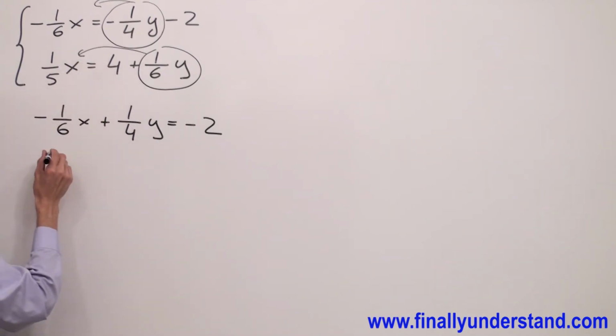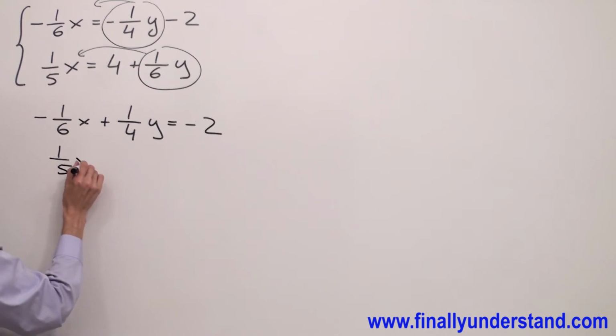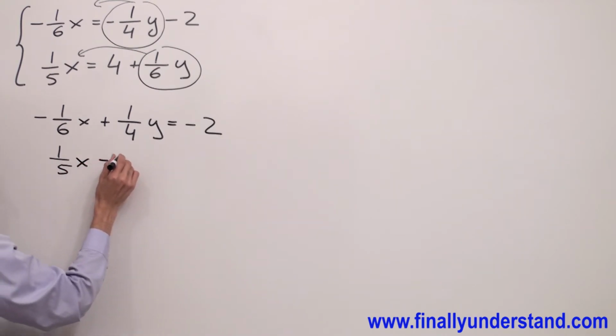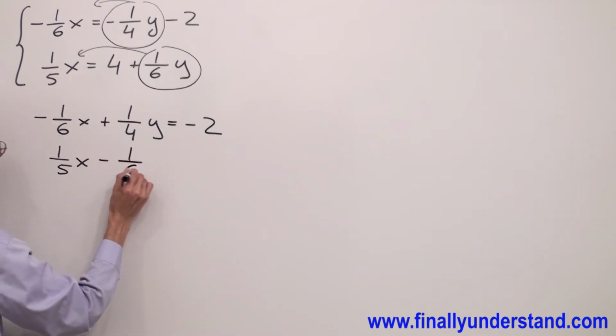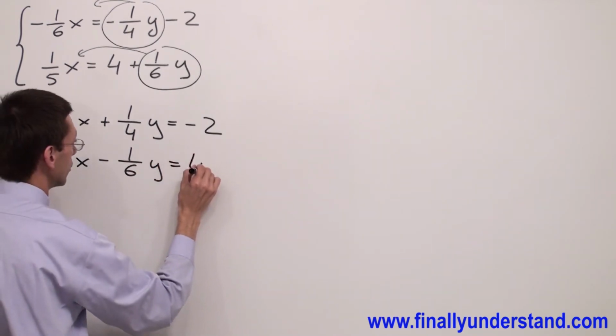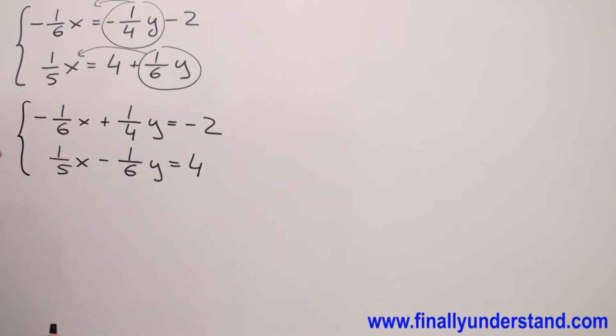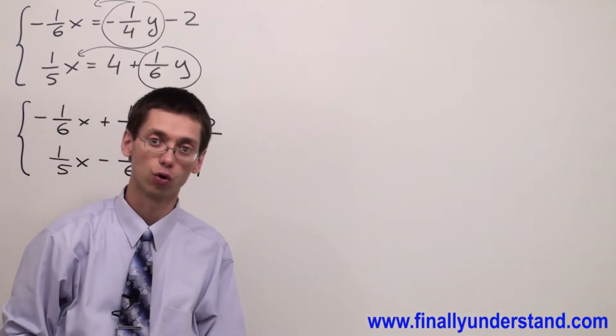So I'm going to have 1/5 x minus 1/6 y equals 4. As you can see, right now both my equations are organized.